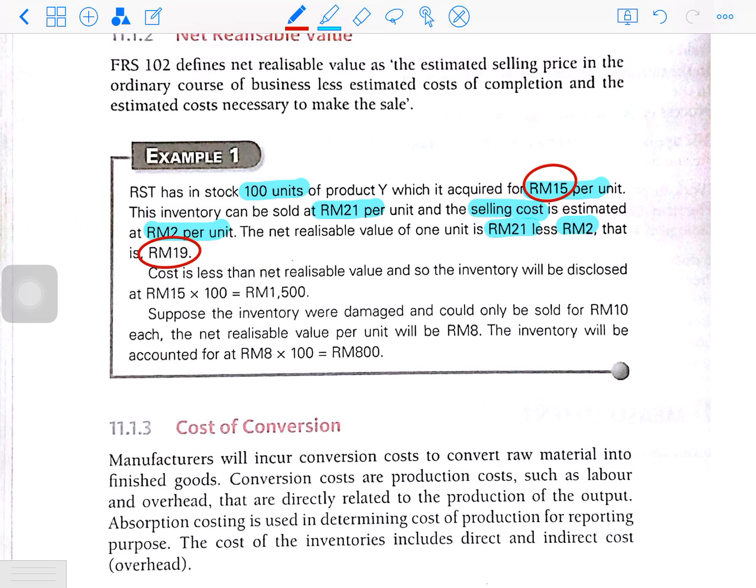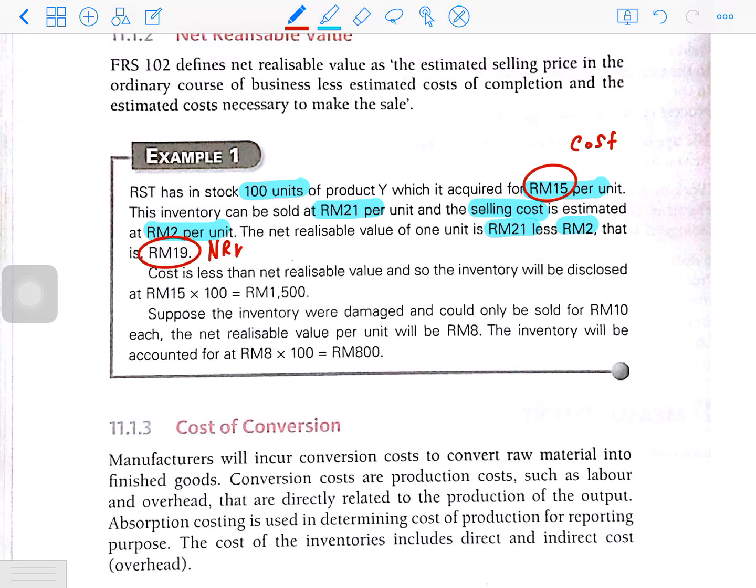Which one is lower? 15, which is the cost. Cost is lower. Okay, so this is cost, and this is NRV. Okay, the cost is lower at 15.